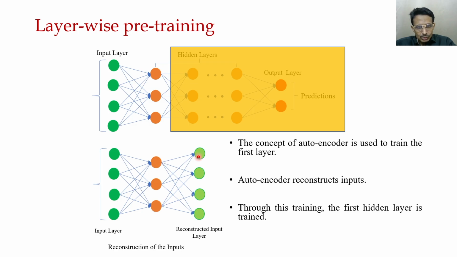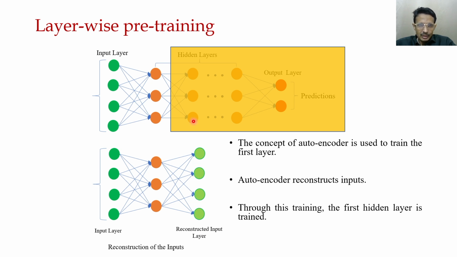So by virtue of this autoencoder concept, we can train this layer. And when it has converged, we understand that this first layer has been trained to reconstruct the input. Then we make this the input layer to the next hidden layer.